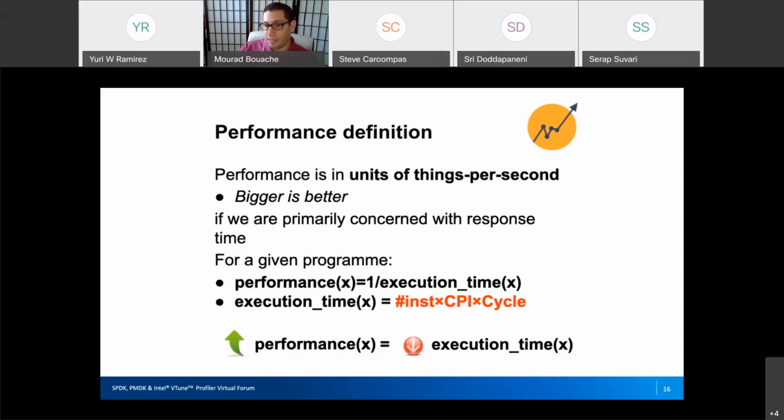The execution time is the number of instructions times the cycles per instruction (CPI), multiplied by the time of the cycle. If you want to increase the performance, then you need to reduce all these things.